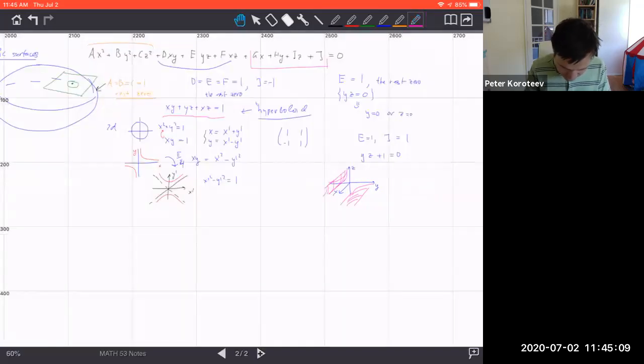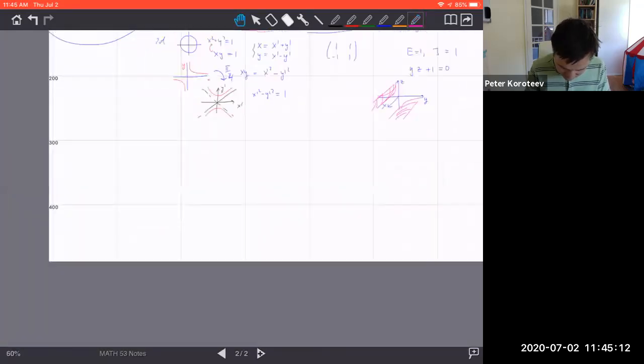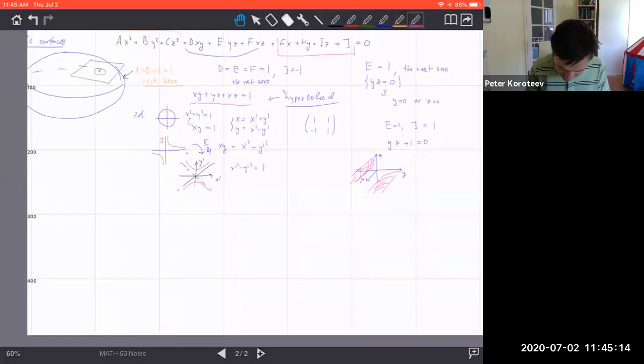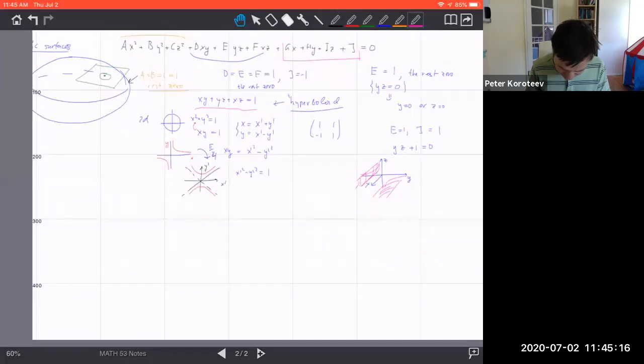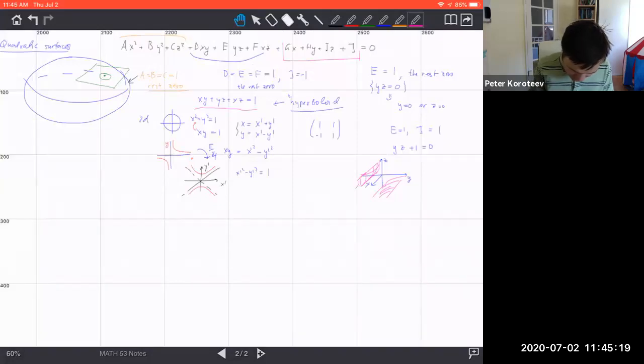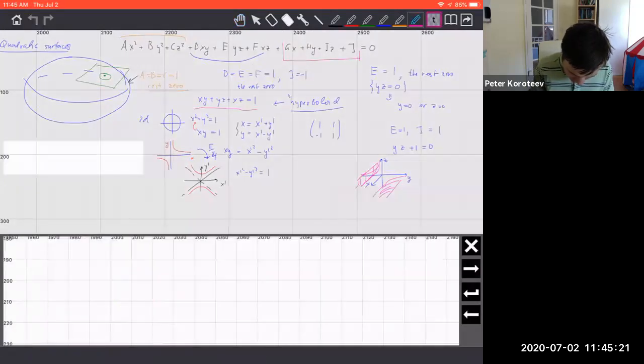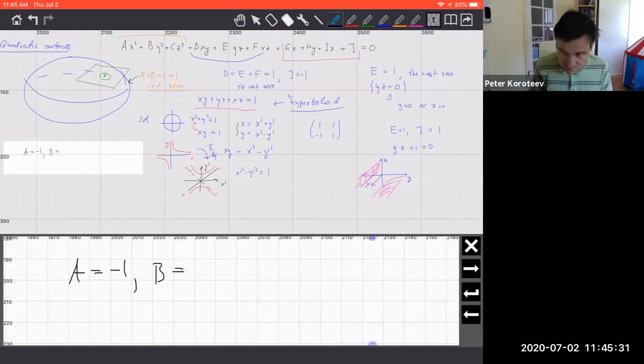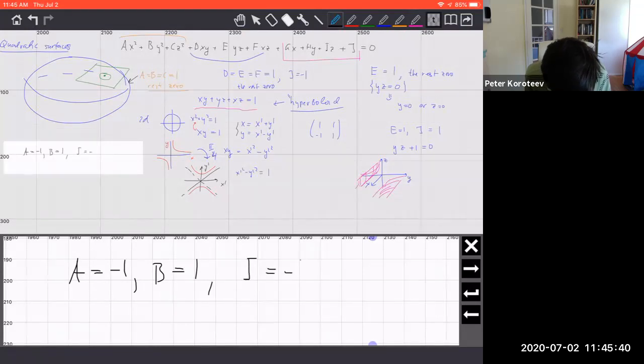Okay, let's find some shape that we haven't seen before. Let's do one cubed equation. How about this? Say I want to do a equals -1, b equals 1, and I, its coefficient in front of z, is equal to -1, and the rest are 0.